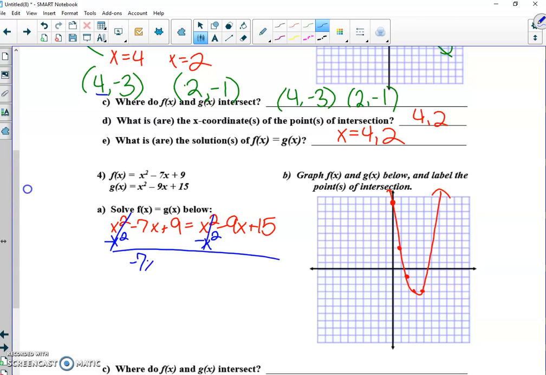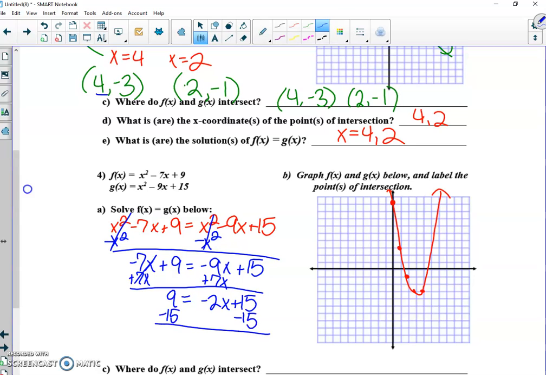So I'm going to end up with -7x plus 9 equals -9x plus 15. And so for this one, you're only going to get one answer because you're not going to end up with an x squared. So anyway, let's add the 7x over. You could add the 9x. It doesn't matter which way you want to do it. That's -2x plus 15.